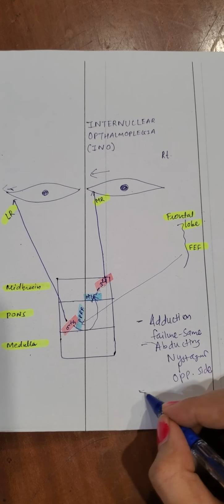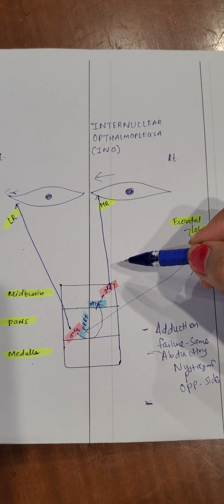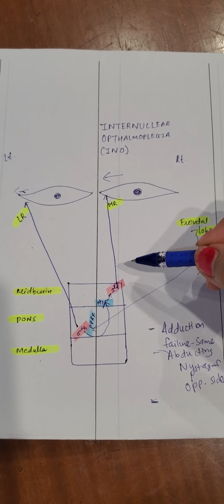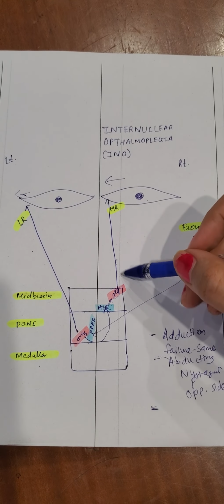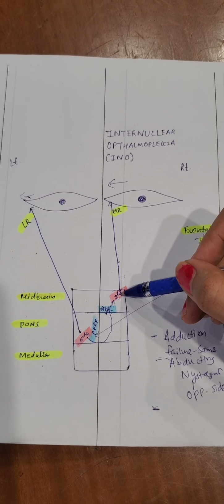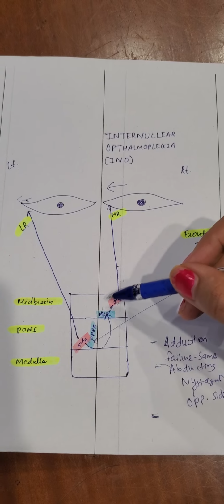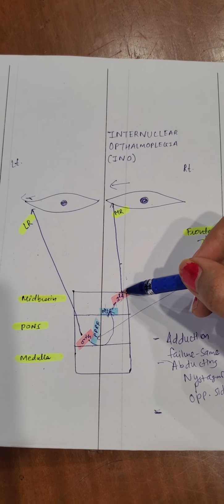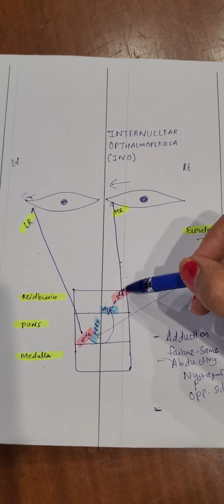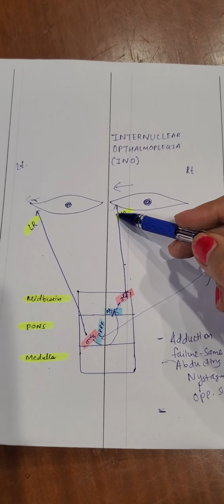Okay, and one more thing will be there for the vergence, like convergence. There is a direct signal from the third nerve, so it will not be affected by the MLF lesion. So the convergence is possible even if the adduction is not there.